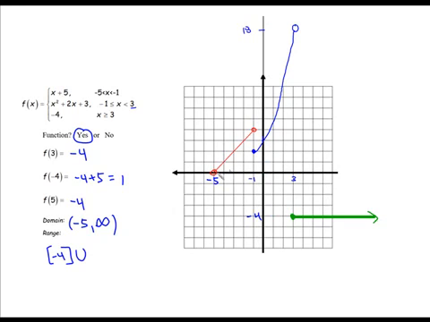Well, from 0, it doesn't actually count 0, so we're not going to count the 0, we use the parentheses. And then it goes up. What's the highest up it goes to? The highest it goes to is +18 on the y-axis, and at +18, we don't count that y value either. So that's your domain and your range.